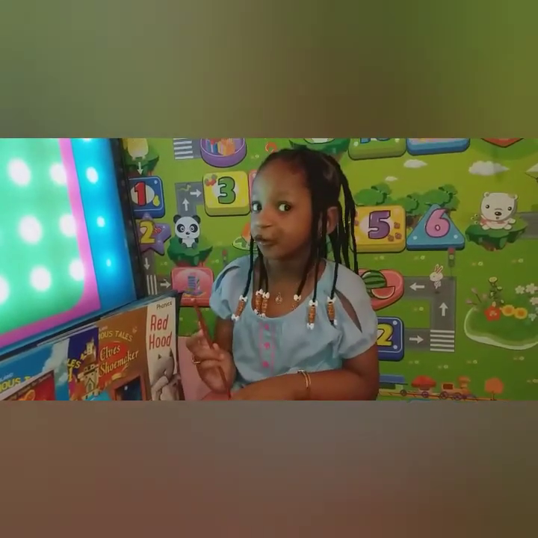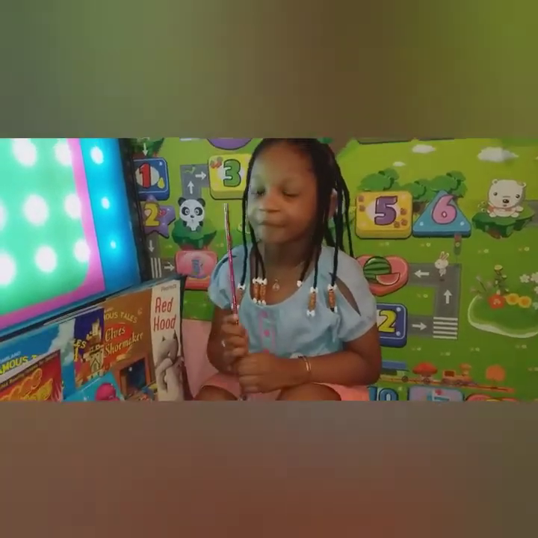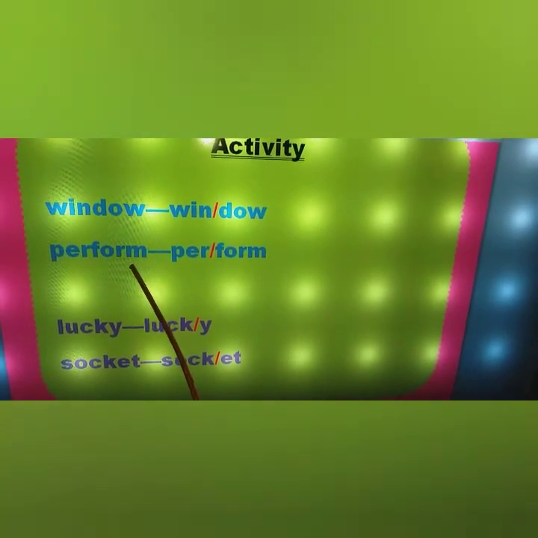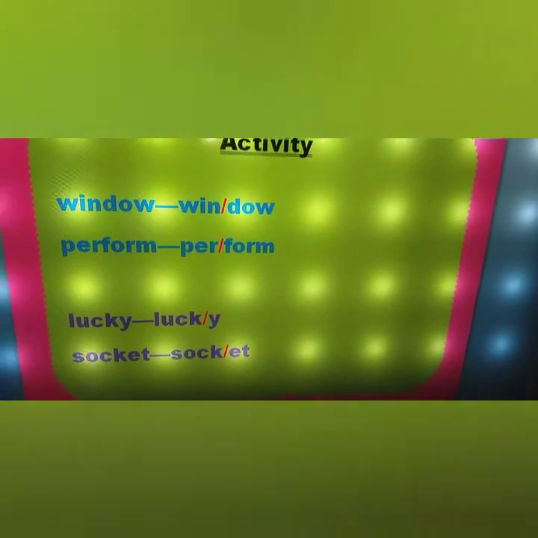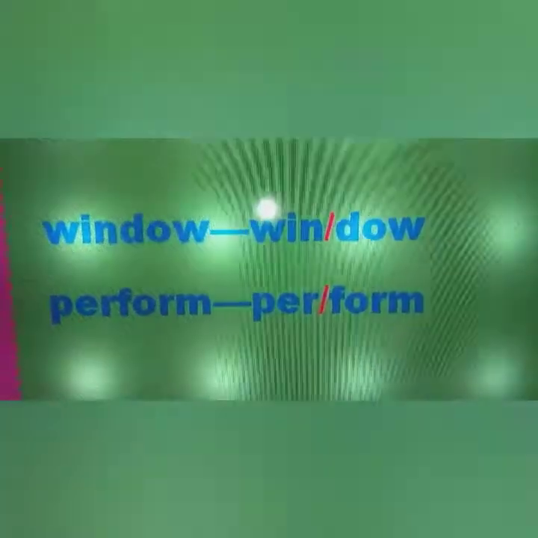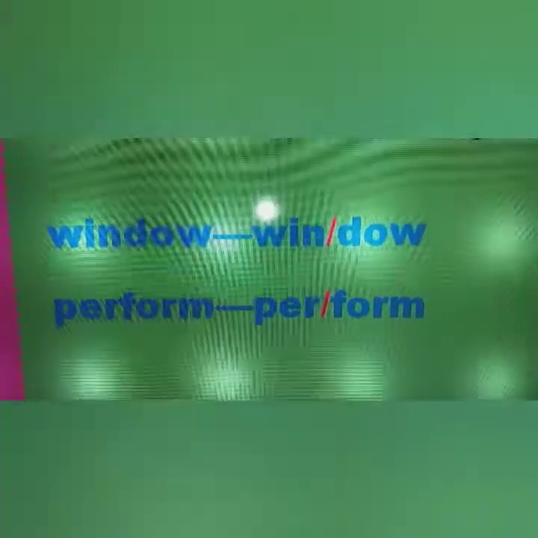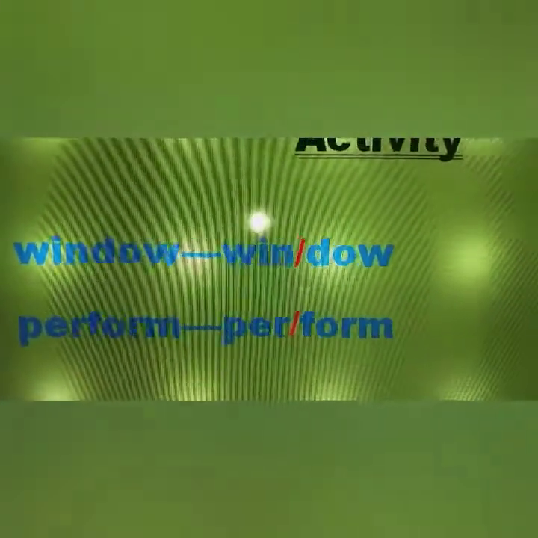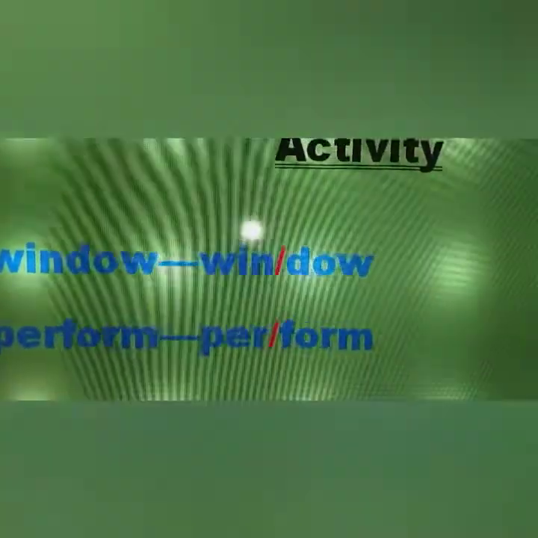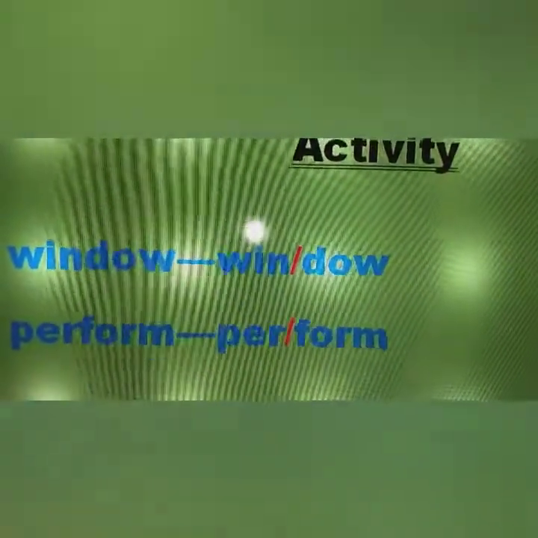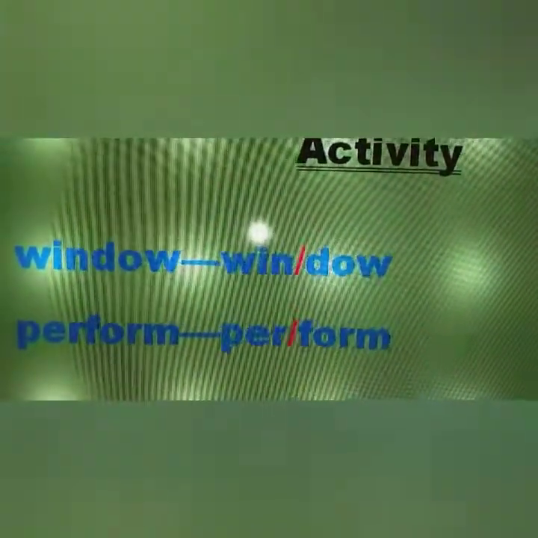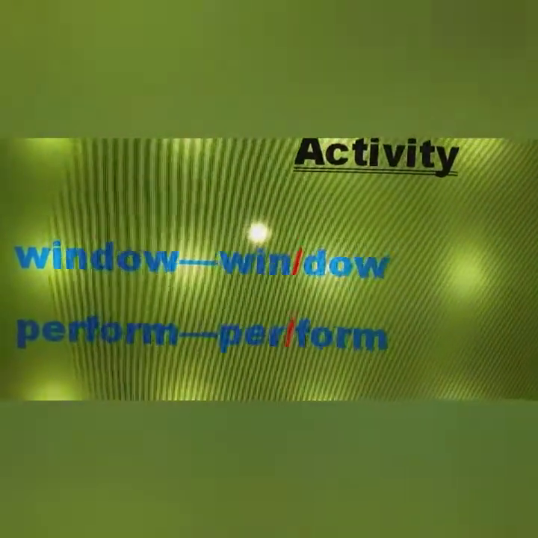Now let us see what you have learned. Window. Perform. These 2 words follow this rule. If the first vowel in a word of 2 syllables is followed by 2 or more consonants, the first syllable usually ends after the first consonant.